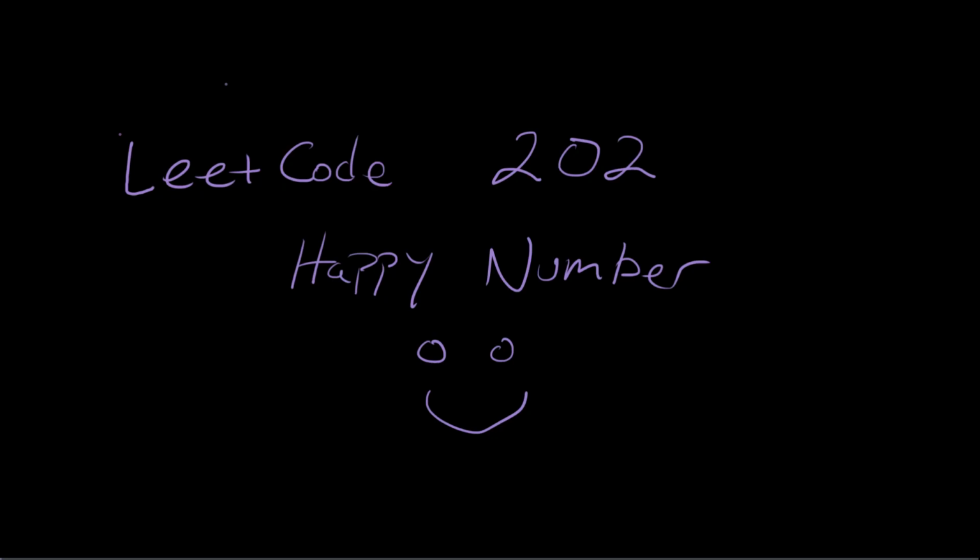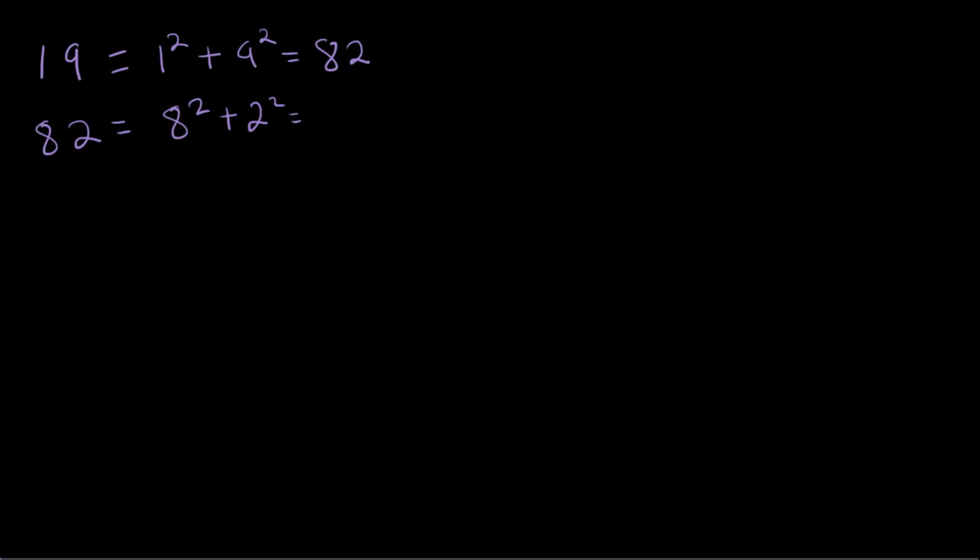We'll go through this by hand really quick. So 19 is our happy number, but we'll just go through it. This is equal to the sum of its digits squared. So this is equal to 1 squared plus 9 squared, which is 82. 82 goes to 8 squared plus 2 squared, which is 64 plus 4, 68.